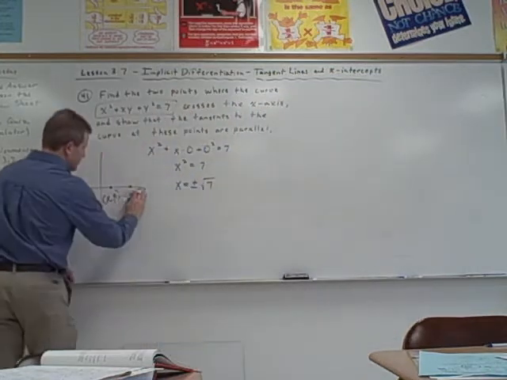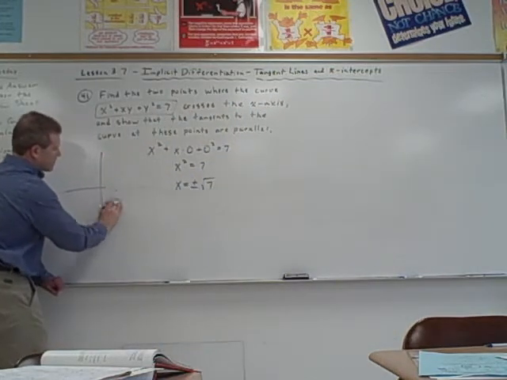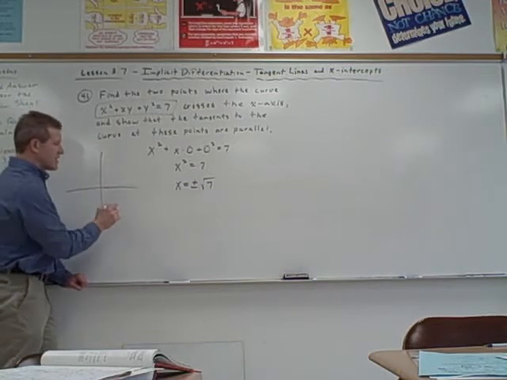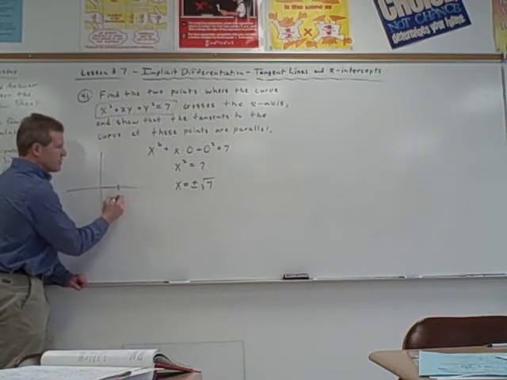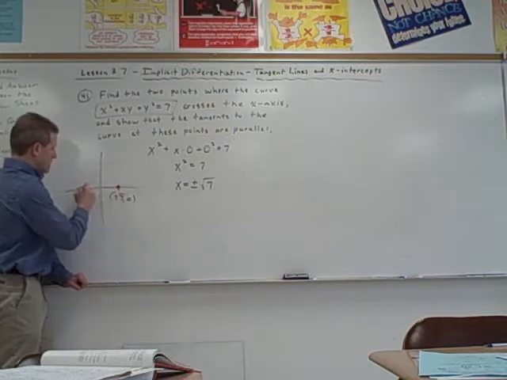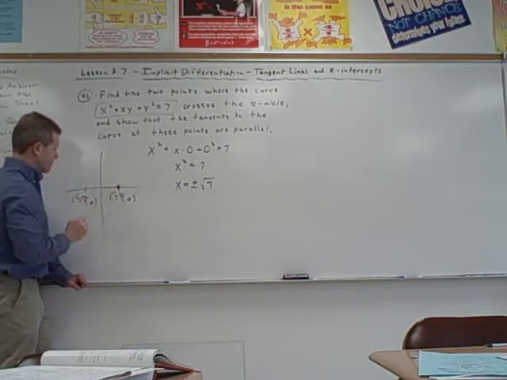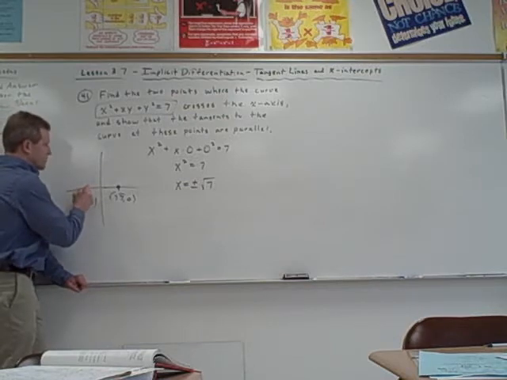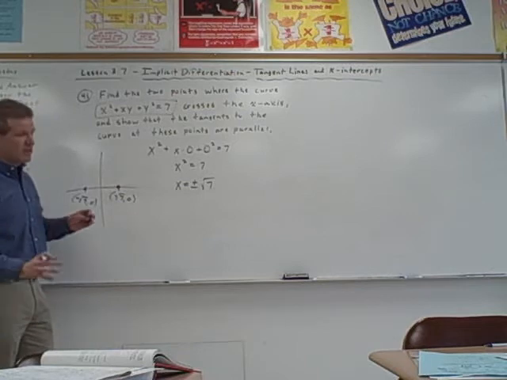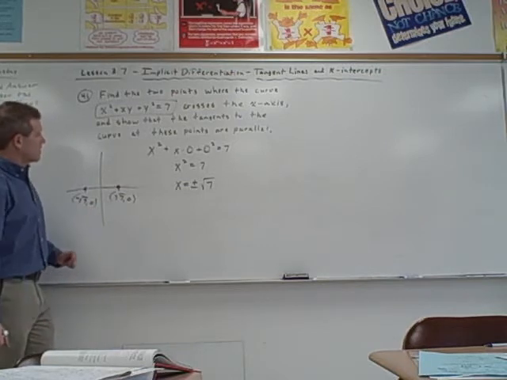So what I've just figured out is that this curve, we don't know what it looks like for sure, but we know it crosses the x-axis at the point square root of 7, 0, and at negative square root of 7, 0. So to find the x-intercepts, you put 0 in for y. That should be something you learned in a previous class, but I didn't know if you'd remember that or not.